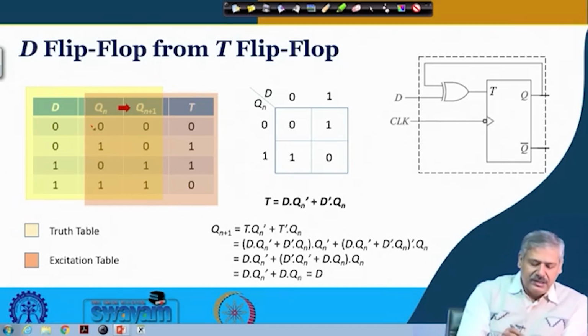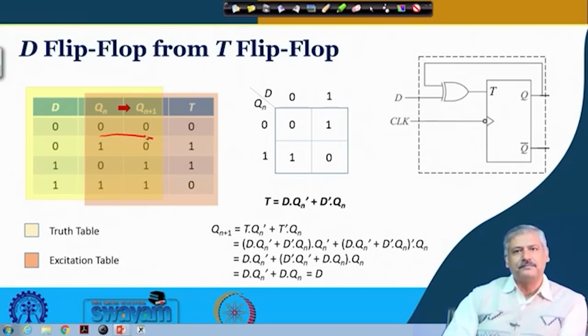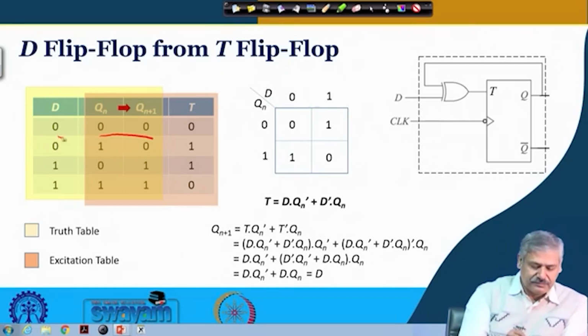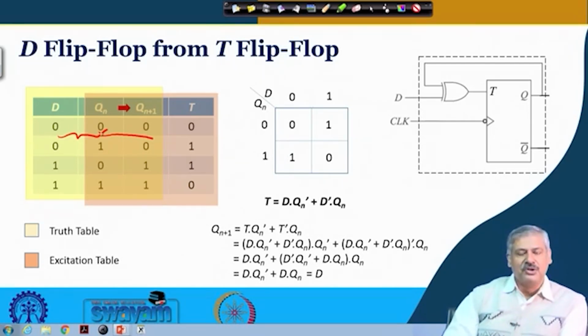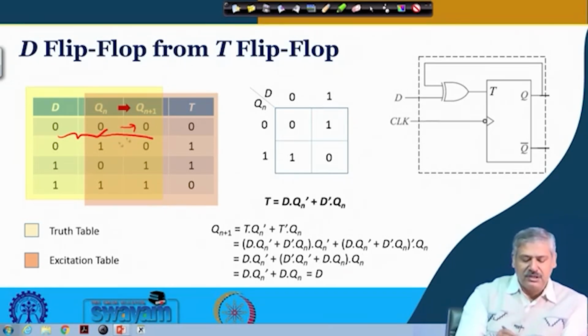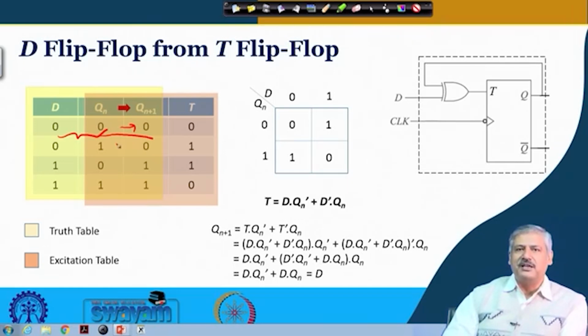In the first case when D is equal to 0 and Qn is equal to 0, then the transition takes place from 0 to 0. Qn plus 1 becomes 0 for this combination.